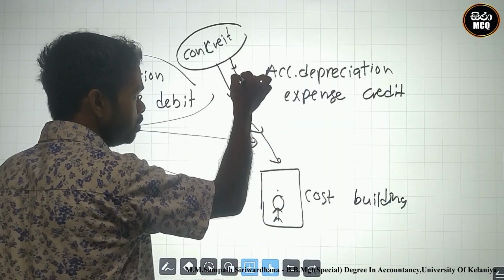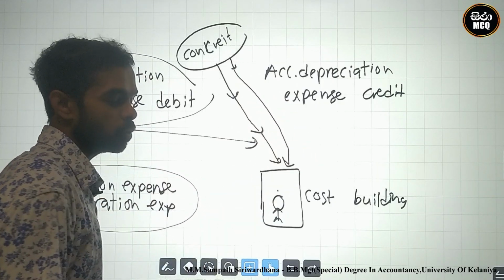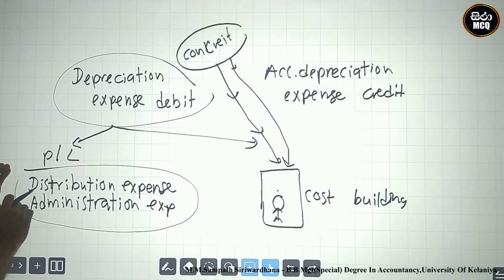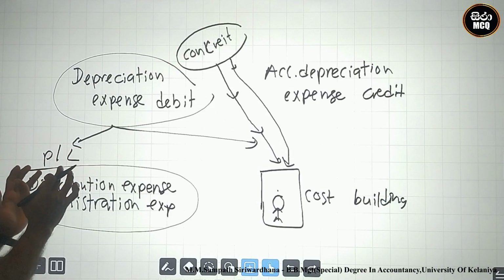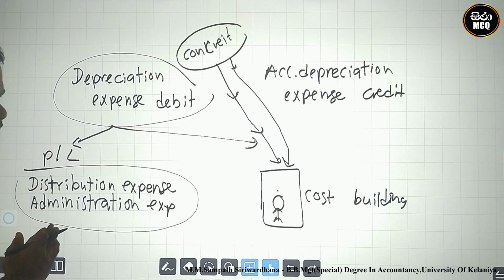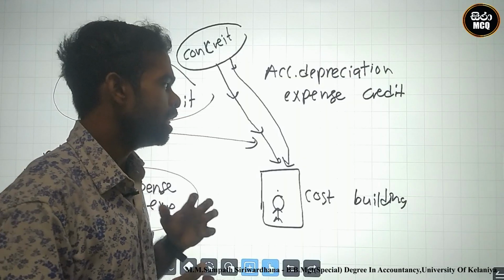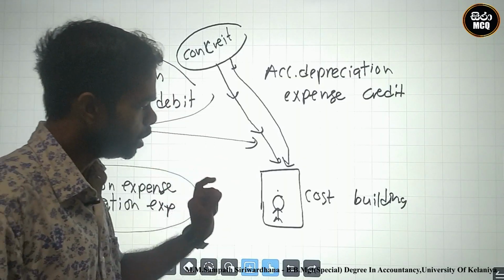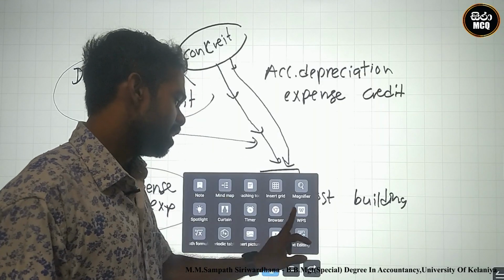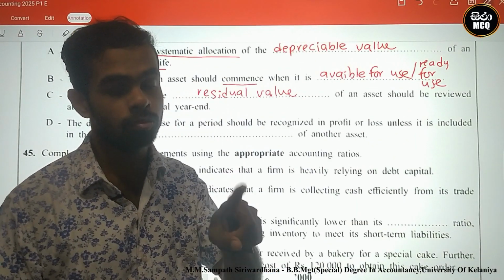Therefore the father's depreciation, the father's blood, is included in you, the cost of the building. Therefore the P&L is the daily process. If the concrete machine is used for daily purpose, this is distribution or administration. But if this concrete machine is used for another asset generating unit, at that point this expense is debited to the cost of the building. Therefore at that point we identify this depreciation expense as a cost of another asset.